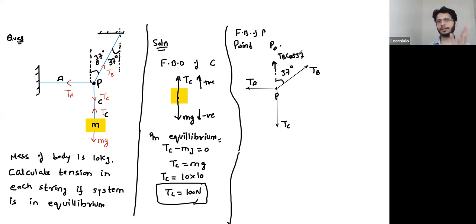I'm just dividing TB into two parts. And along the x-axis, the component is TB sin 37. Upward force is equal to downward force, so your TC, which is acting downwards, should be equal to TB cos 37.